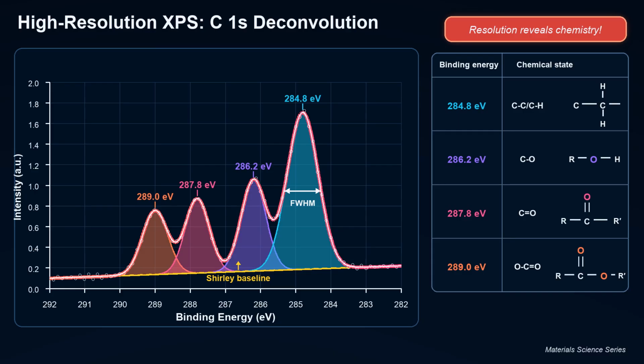Carbon singly bonded to oxygen appears around 286.2 eV, carbonyl carbon near 287.8 eV, and carboxyl or ester carbon around 289 eV. Peak fitting deconvolutes these overlapping components, providing quantitative information about functional groups present in the sample.